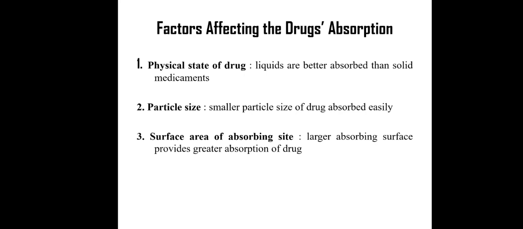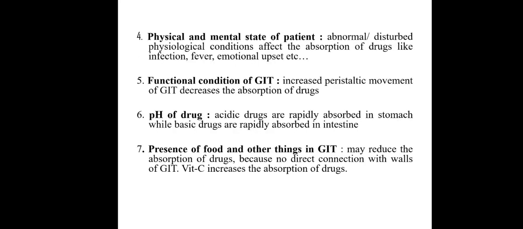Next factor is surface area of the absorbing site. A larger absorbing surface provides greater absorption of the drug. Means when more surface area is available, more drug will be absorbed easily. Next, fourth one is physical and mental state of the patient.